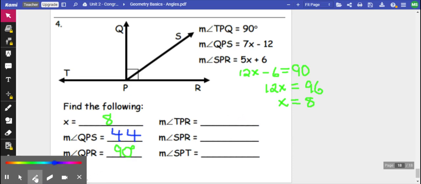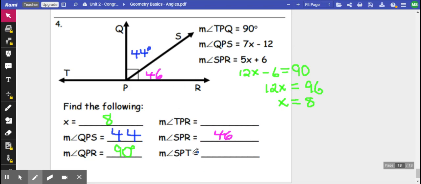So SPR, using this expression, we would do 5 times 8 plus 6, and that is going to be equal to 46. And we want to label our picture here. So we know SPR is 46 degrees and QPS is 44 degrees. So that adds up to 90 degrees. That's a good sign that we did it correctly.